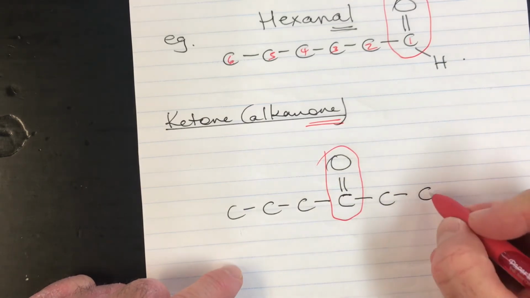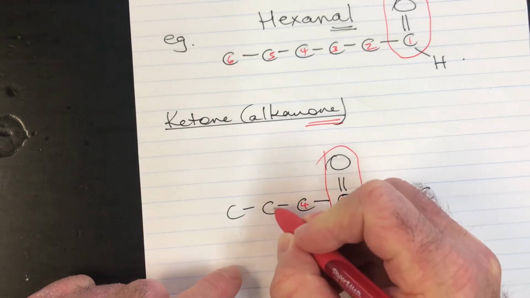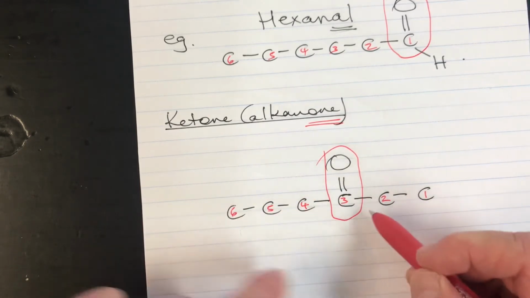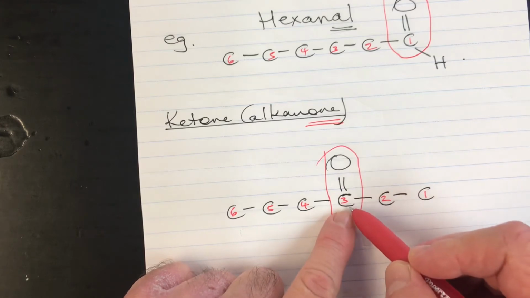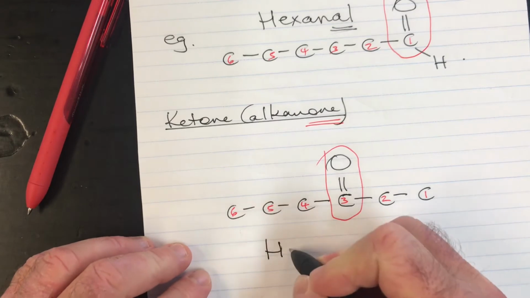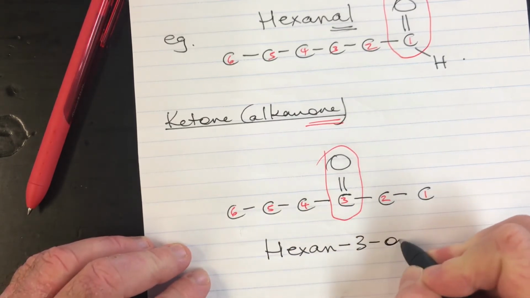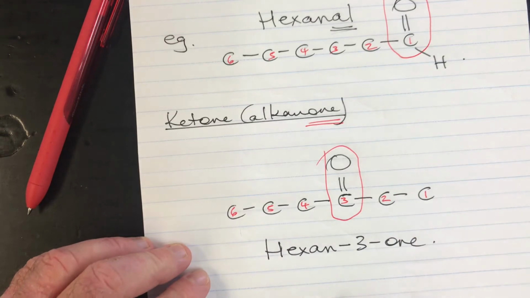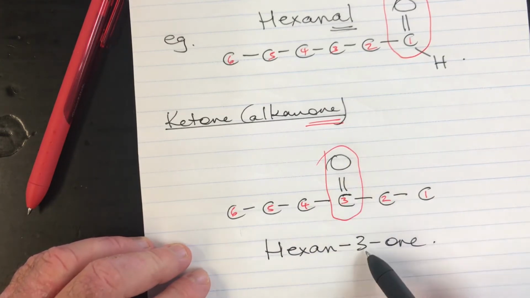So it's all to do with the numbering again. If we number them from right to left, it'll give the carbonyl group the lowest carbon number. So this will be hexan-3-one, because the carbonyl group's attached to the third carbon.